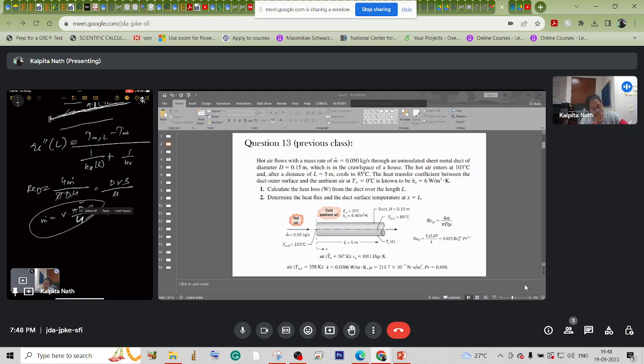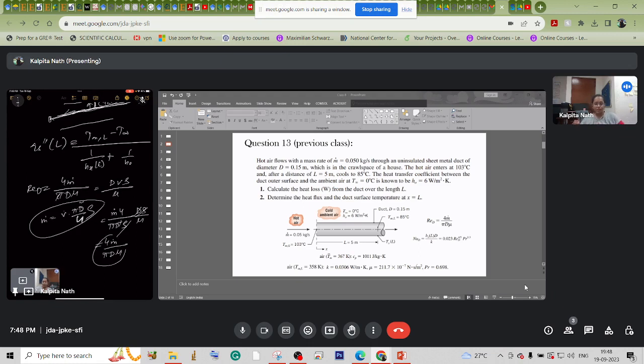So V will come out to be 4 m dot by pi d square rho, and this is d rho by mu. D will cancel out, rho will cancel out. So this is 4m dot by pi d mu.